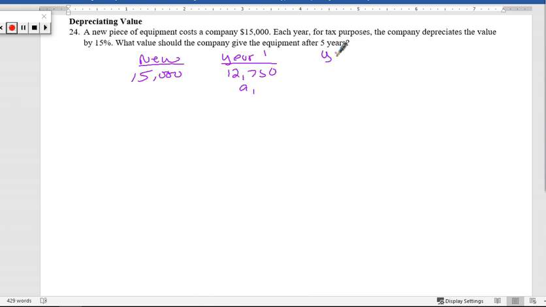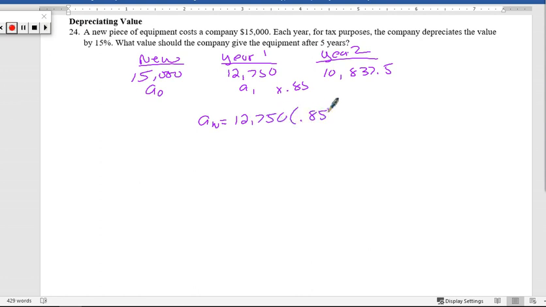At year 2, it's going to be 0.85 of that number here, and that's going to get us 10,837.5. So over here, for our formula, what we're looking for is a sub n is equal to a sub 1, which is the first one. This is really a sub 0, what it is at new. First year here, it is worth $12,750.